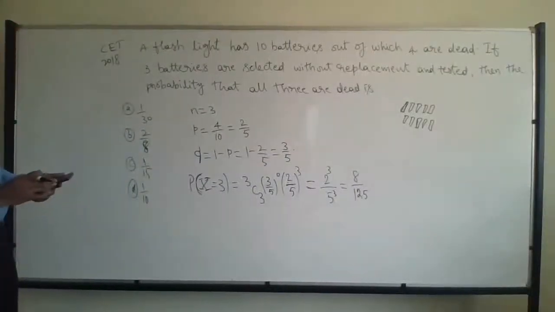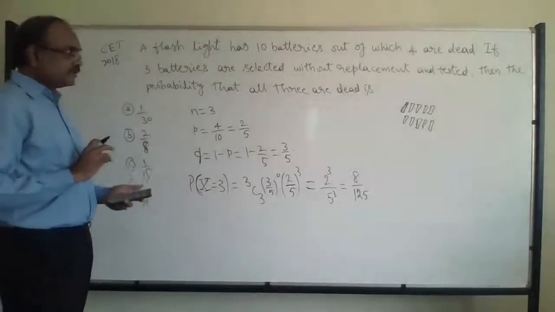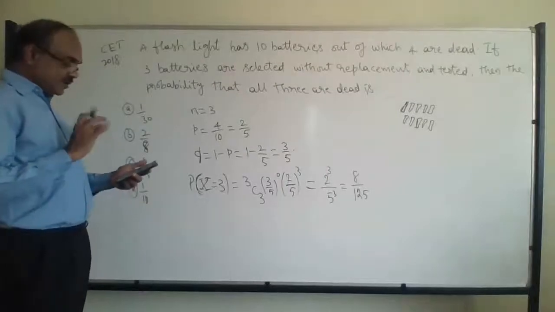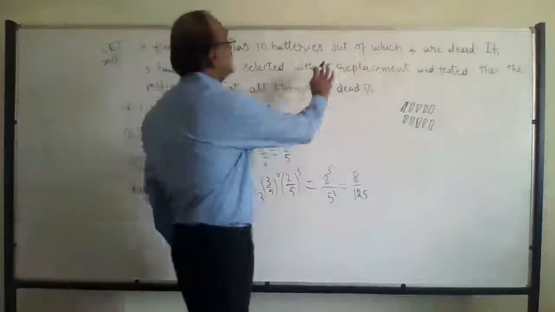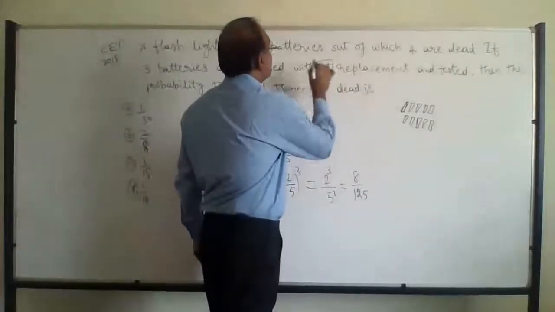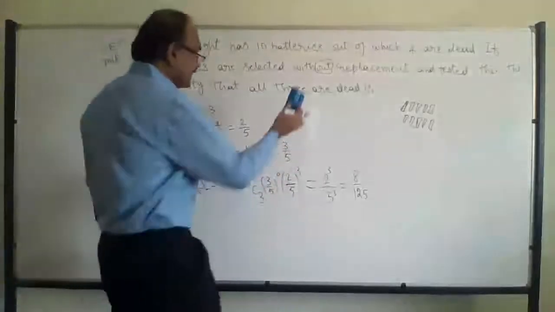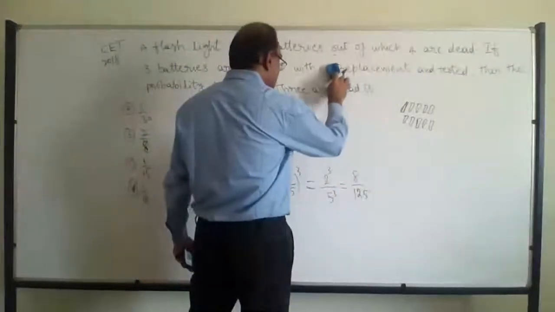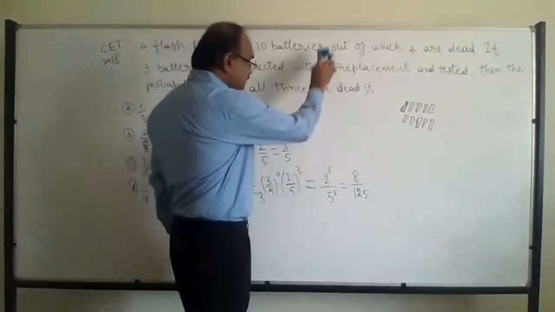So in this question you can't use binomial. Yes, I made a mistake here. We cannot use Bernoulli's trials. Here the phrase is without replacement. So okay, I'll change the question here. Please make a small change. I did not notice this because there are no options matching this.